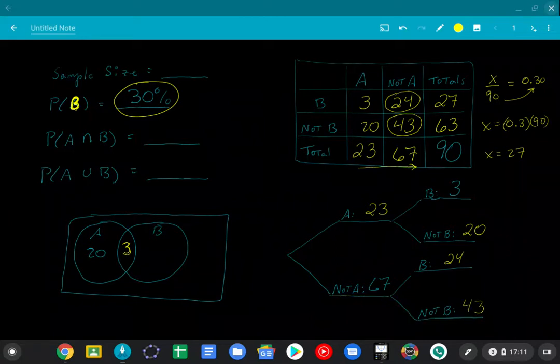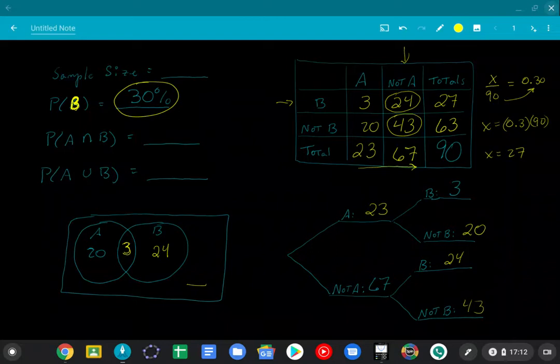All right. Looking good so far. Let's go to the Venn diagram for a moment. This number right here is not A because it's outside the bubble of A, but it is B. So not A, but it is B. It's 24. And finally, what number goes out here?